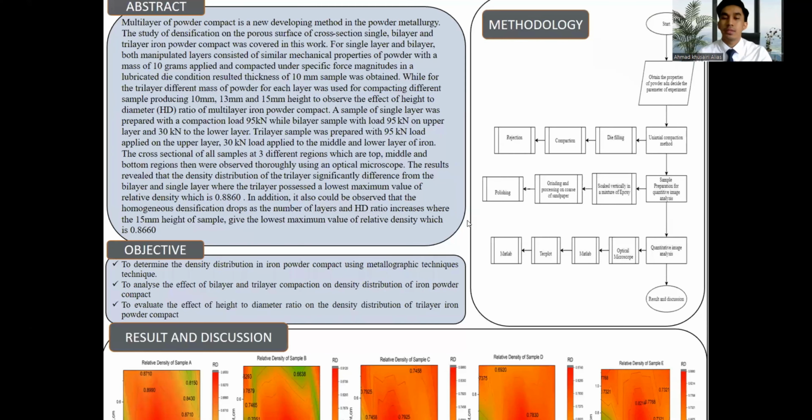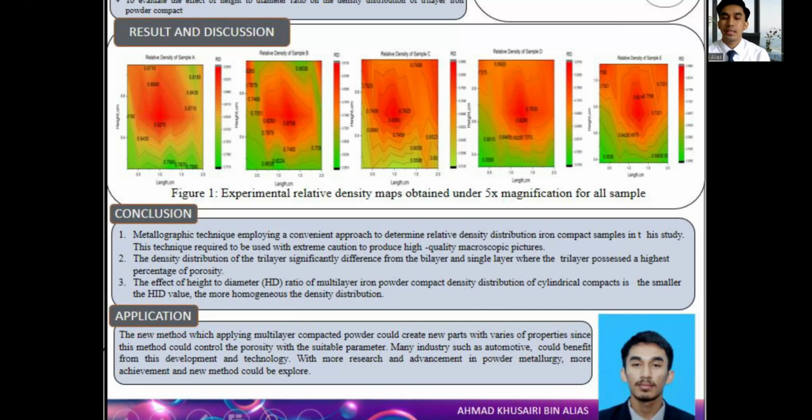And for the results and discussion, it could be observed that sample A is the single layer, sample B is the bilayer, and samples C, D, and E are the tri-layer. Samples C, D, and E differ in height because the mass of powder used for them is different.